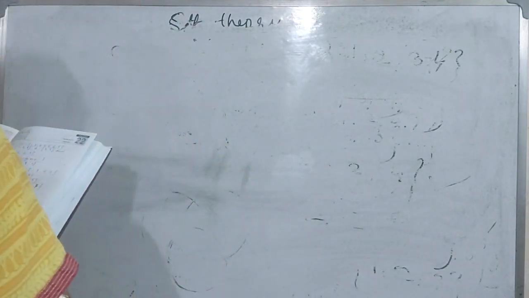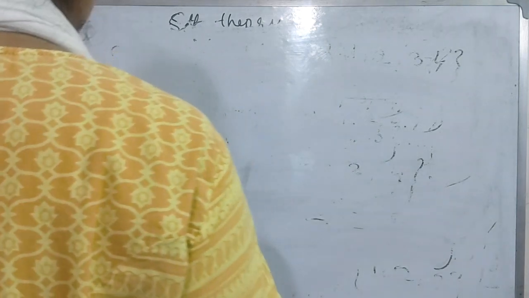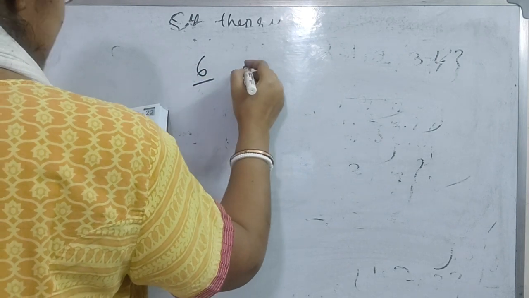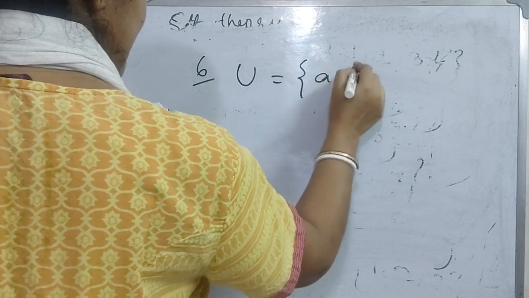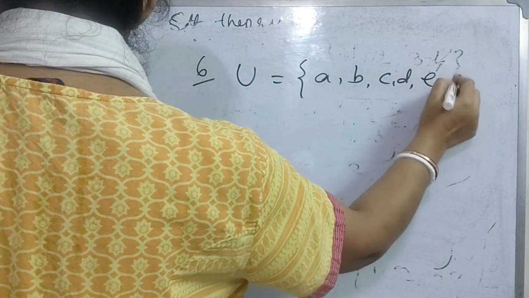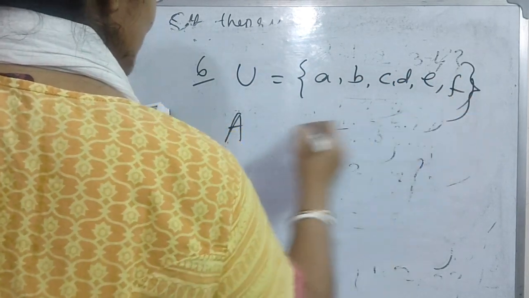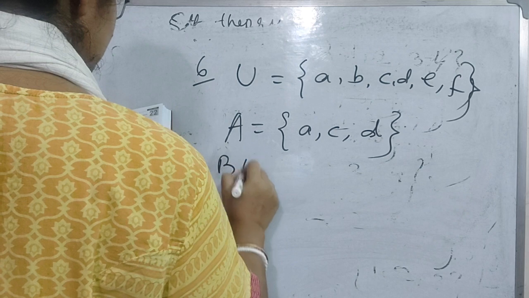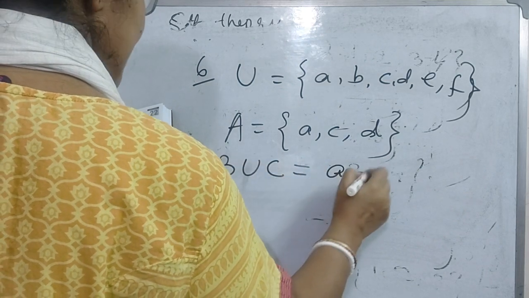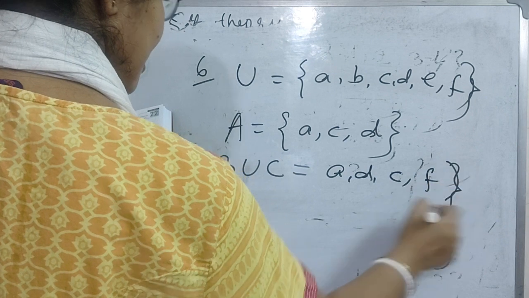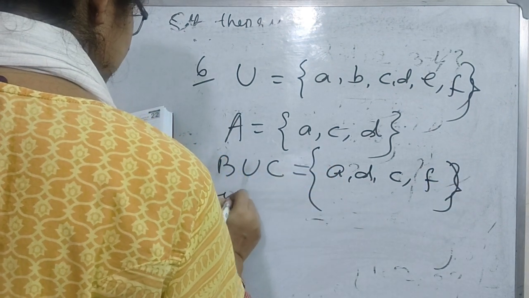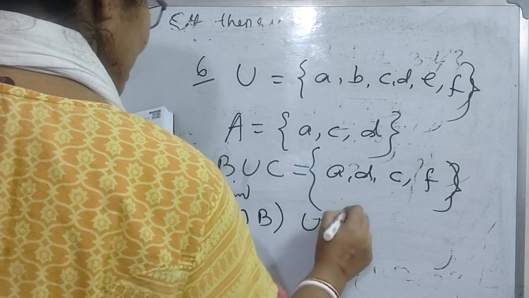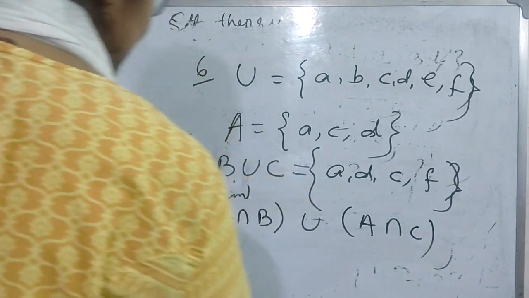This is a long answer type question, sum number 7 in your book, and sum number 6: if U equals {a, b, c, d, e, f}, A equals {a, c, d}, B union C equals {a, d, c, f}, find (A intersection B) union (A intersection C).